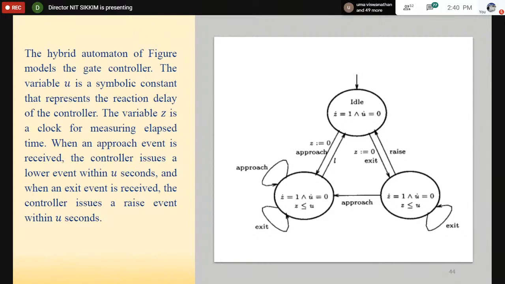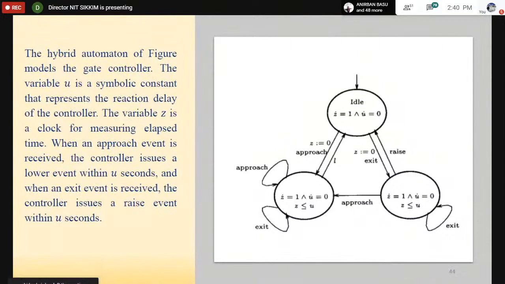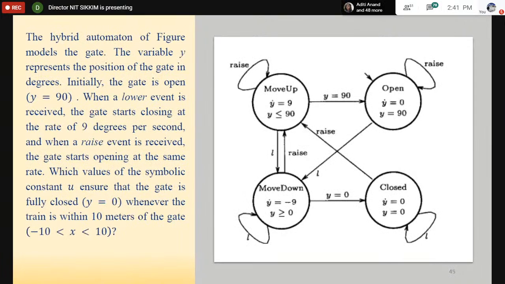When the clock runs from 0 to some value, you should know how much time the gate is going to take to close, so that you can take the action before time. So we need a clock. Each state is combined not only with the event, but with the clock or the timer. So this therefore becomes a timed automaton.